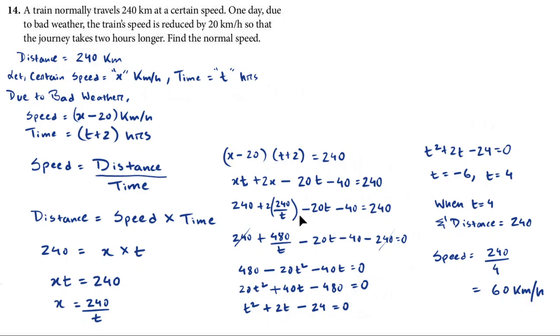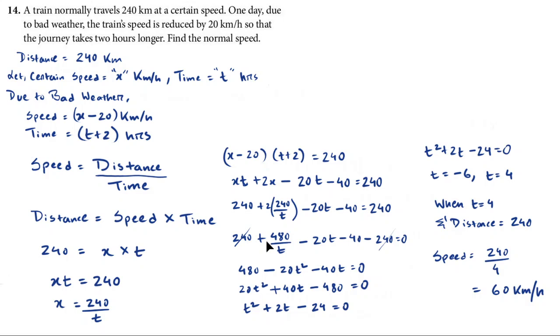So as we go along, we get to see this becomes 480 minus 20t square minus 40t. Now how this has happened is I have multiplied this part by t so that I can get rid of the t which is on the denominator.